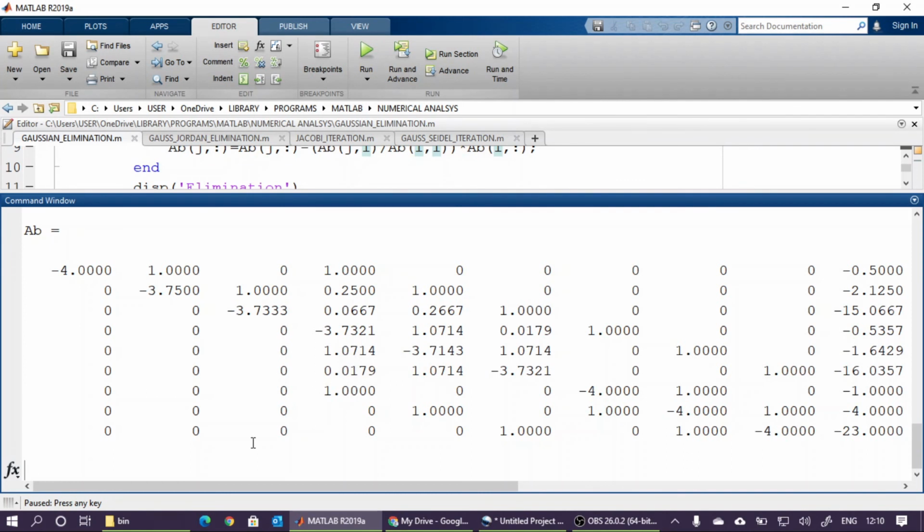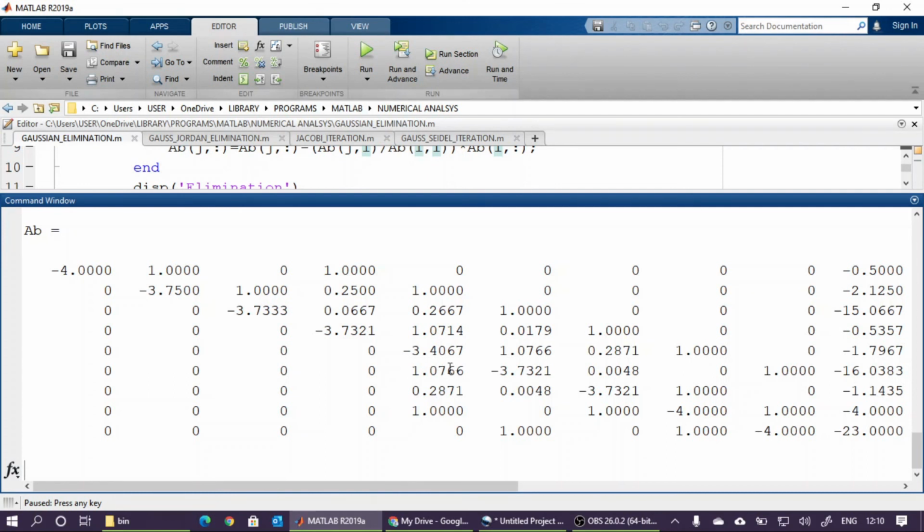Now in the fourth elimination, we have to remove x4 from the fifth row onwards. This is the augmented matrix after the fourth elimination. In the fifth elimination, we have to remove x5 elements from the sixth row onwards.